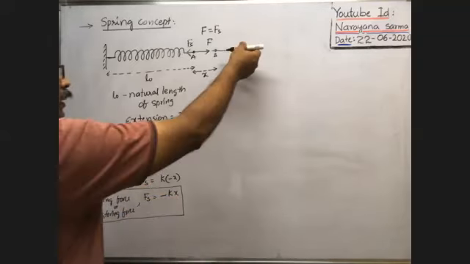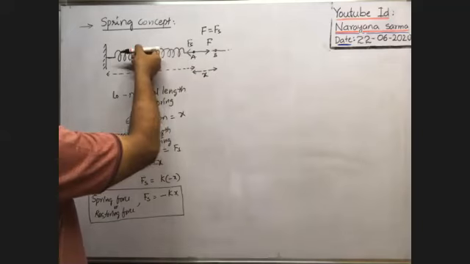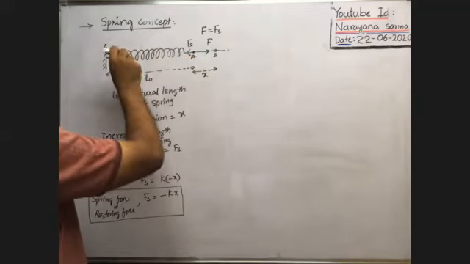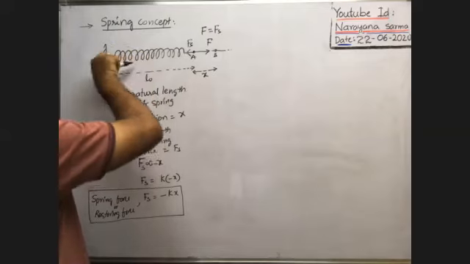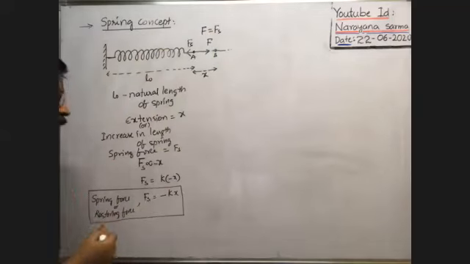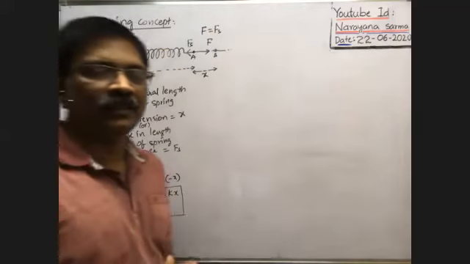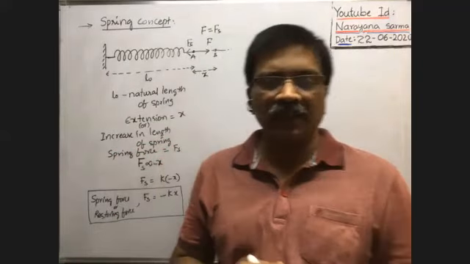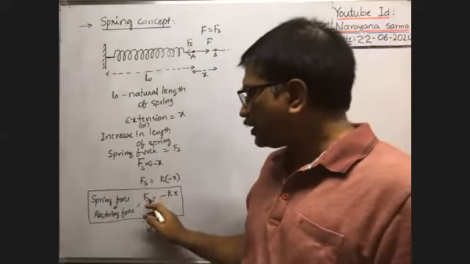Suppose you compress the spring by applying force, then the compression is in this direction, that means the decrease in length is in this direction. At the same time, the spring force developed acts in this direction to bring the spring back to the original position. That's why spring force is always opposite to the extension or compression in the spring. So this is called spring force.